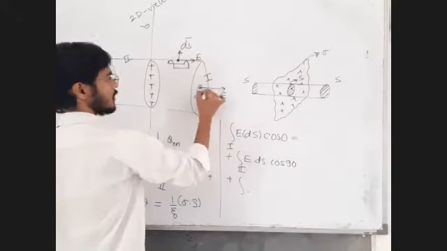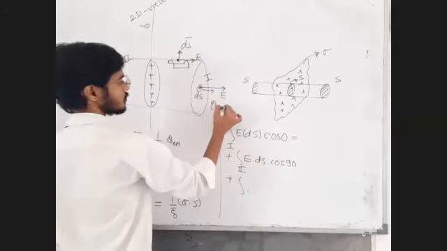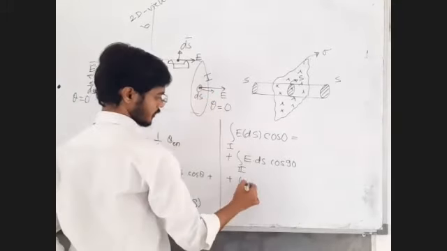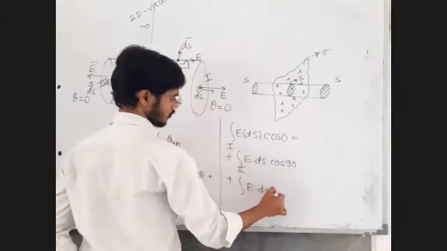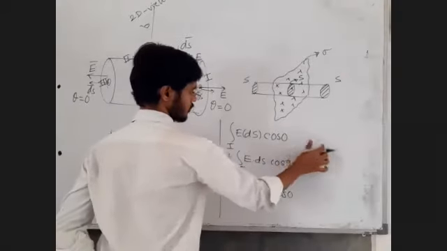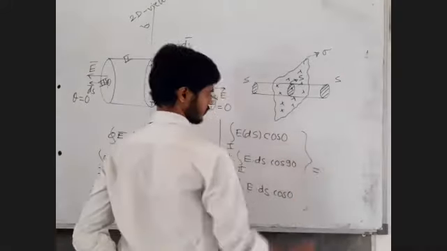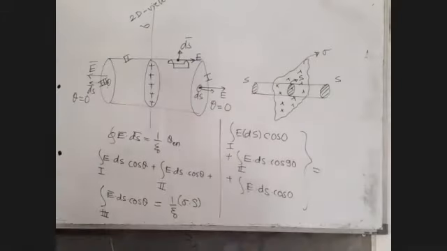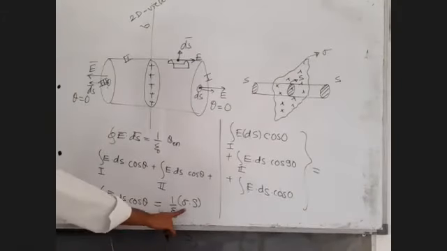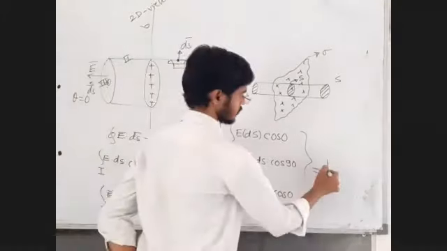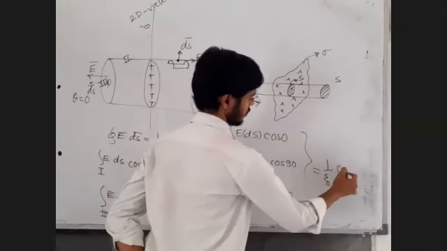So for third it is 0. This addition is equal to, sir, 1 upon epsilon 0 times the charge enclosed.